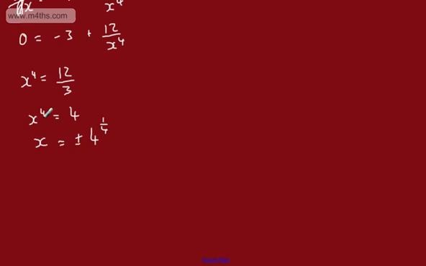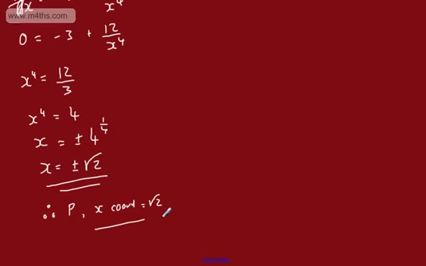Since this is an even power, we can have a plus or minus answer. So x will be equal to plus or minus root 2. Therefore, the x coordinate of P is root 2, as required.